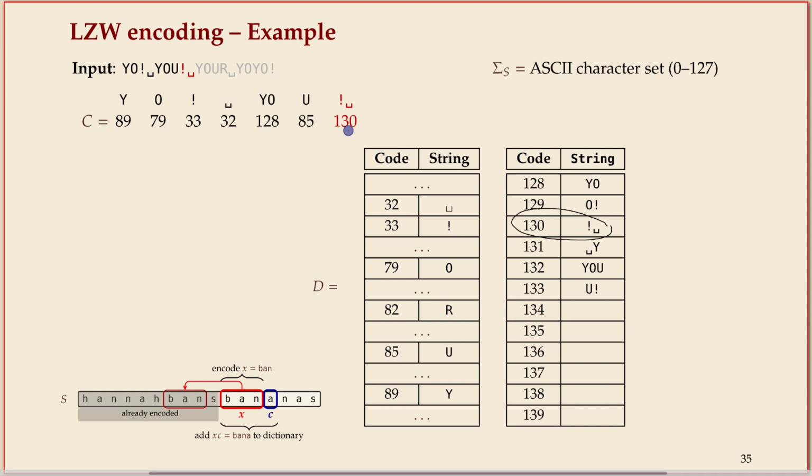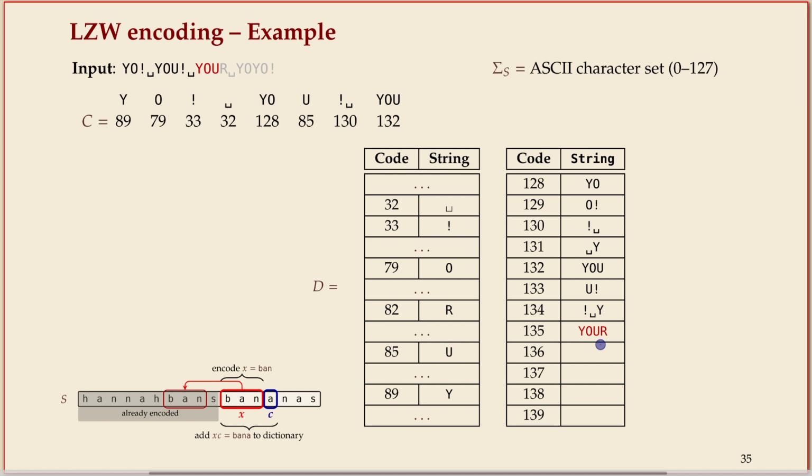And again, we add to the dictionary exclamation mark space followed by y as the next code word. All right. And here it becomes interesting. Now we found an even longer phrase. We've seen u before, so we can take the code from there to encode the entire 3 letters, and we add one more thing as the new phrase to the dictionary.